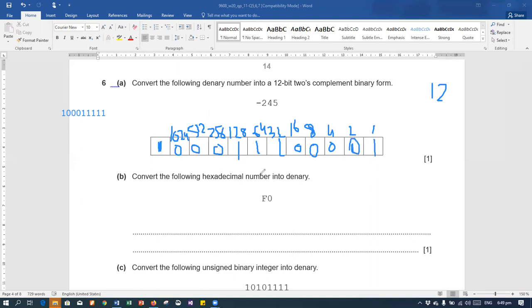Okay, let's add it: 128 and 64 and 32. No, son, still it's 225. Cross check.